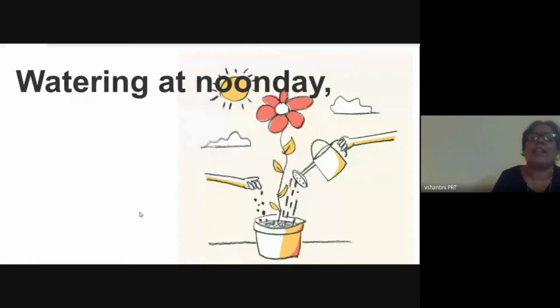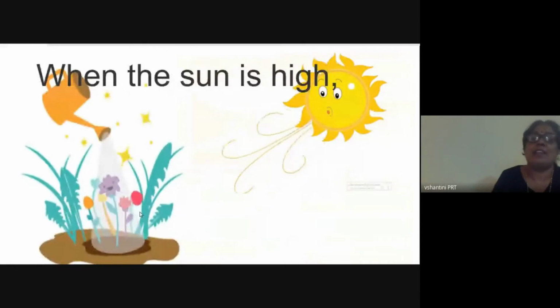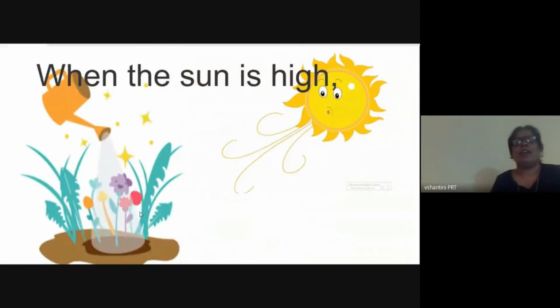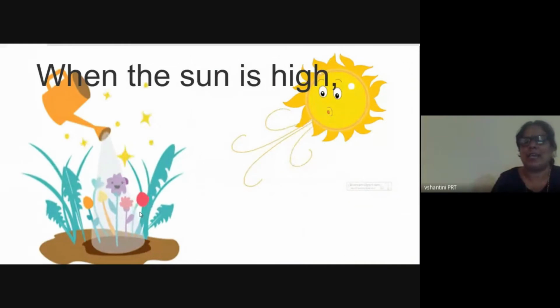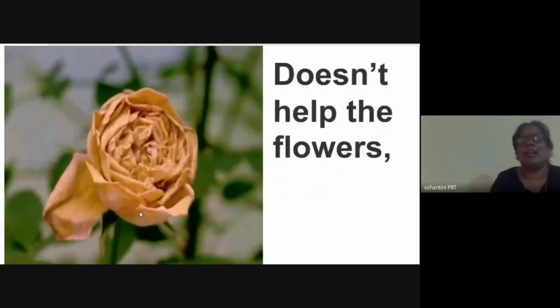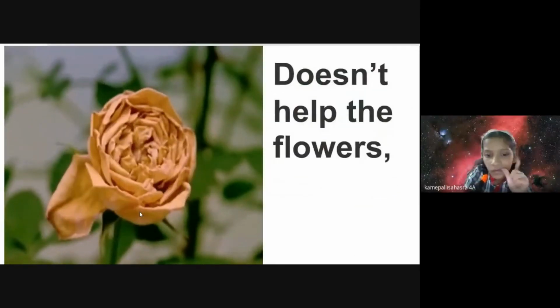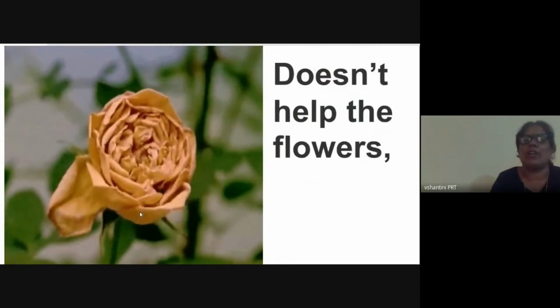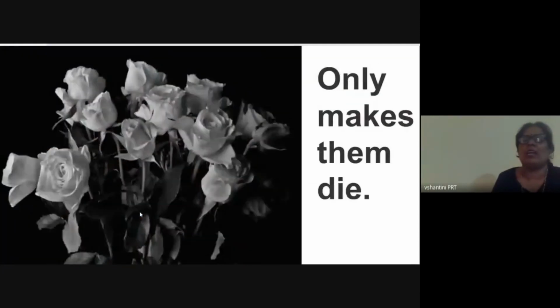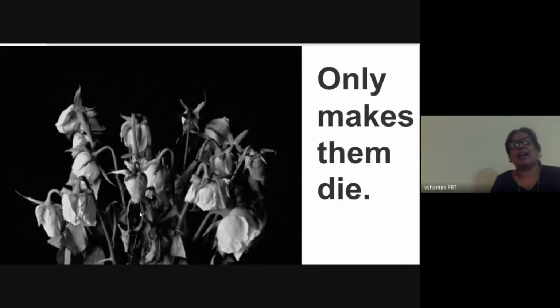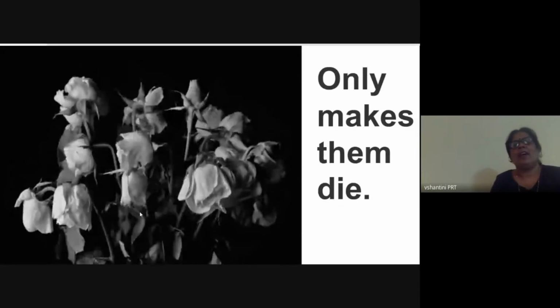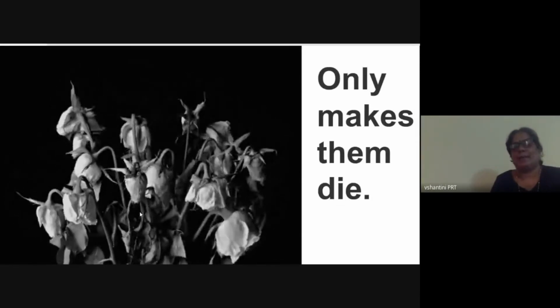If it is watered in the afternoon, when the sun is high, obviously, noon, the sun is high. What will happen? It will definitely not help the flowers. It will only make the flowers die. This is what is told in the first stanza.